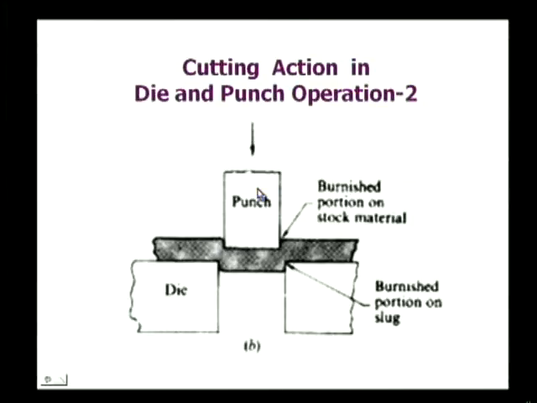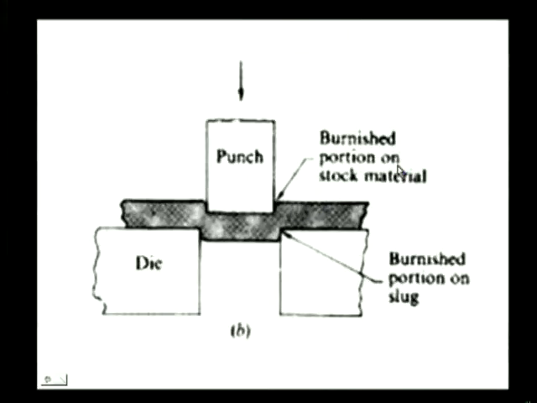As the punch further advances, the portion here gets burnished to some extent, and also at the lower end. Now the burnished portion on the stock material can be seen here, and here the burnished portion on the slug. So, this is the slug.